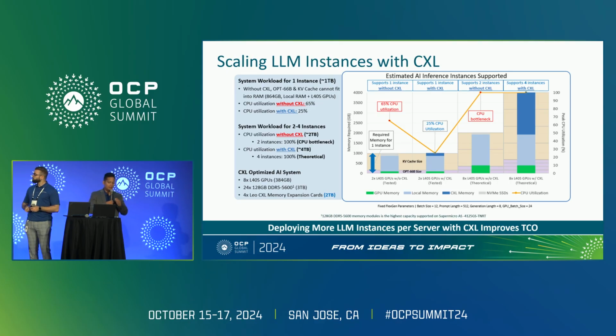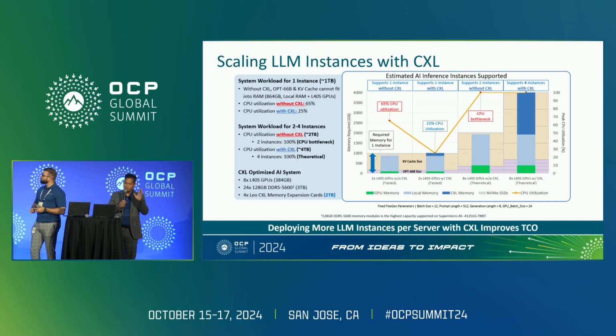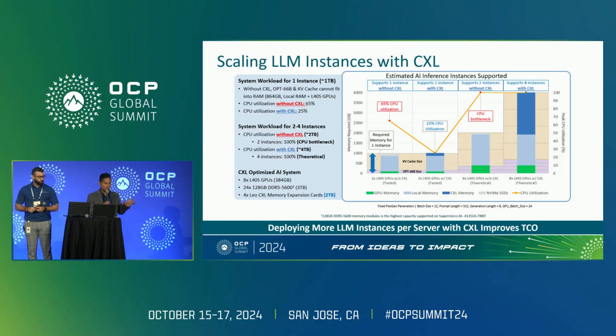So we started theory crafting based on this information. Let's look at this one bar at a time. The purple bars represent the actual memory requirement for the model, that's the OPT66B model. And then the KV cache, both of those combined equate to about 1 terabyte.